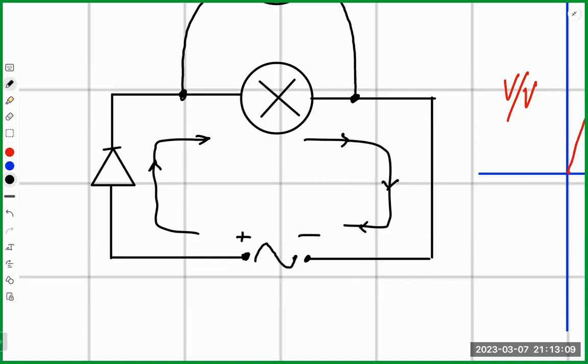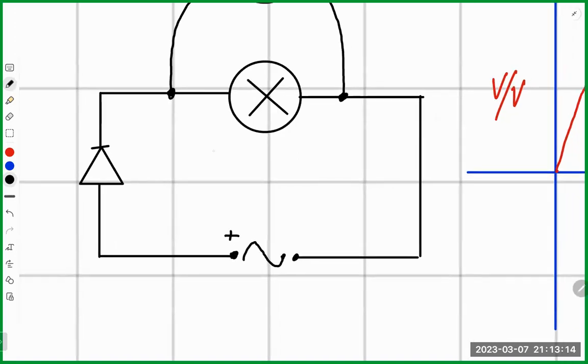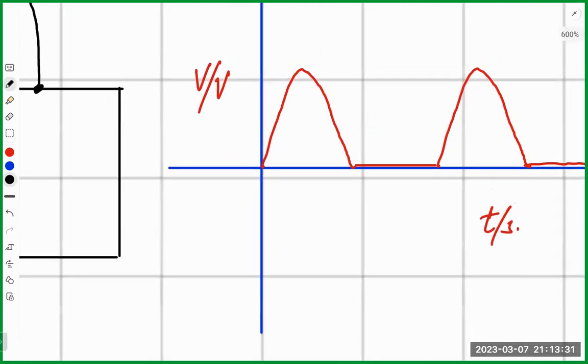Yes, sir. But when current will be going like this, do you think the diode will allow this current? No. The whole circuit will stop working. The diode will stop the current, and you will have a gap portion over here.